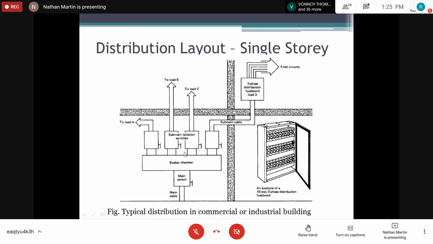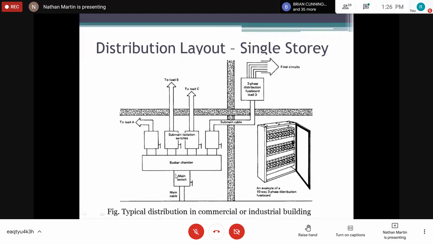This is like a subdivision or multi-story, where this might be the separation of a floor, and load B to load C might be a different floor, and we have a sub-main to a sub-main panel here. So this is one type of arrangement that you can have.